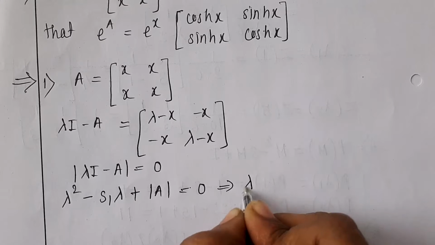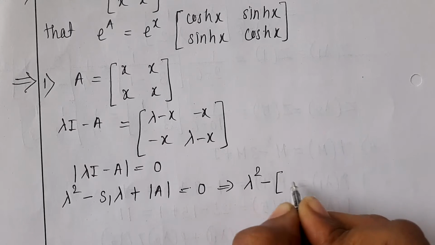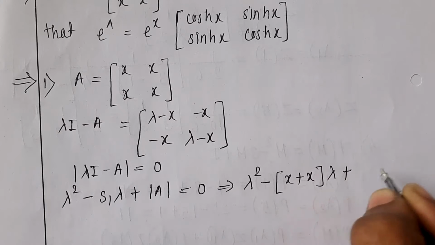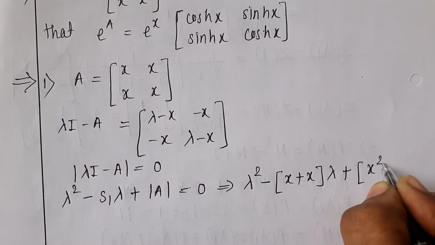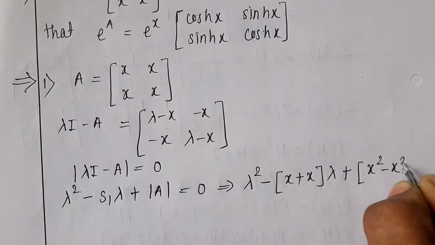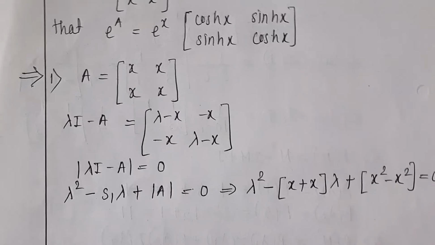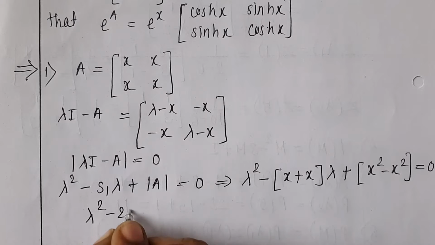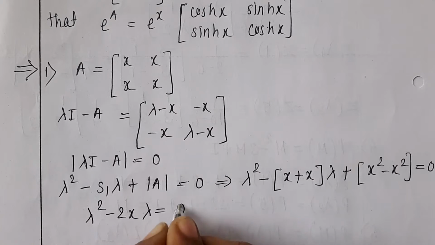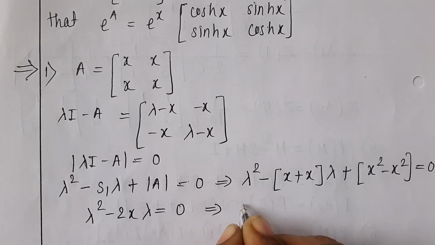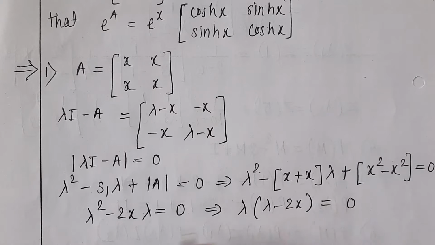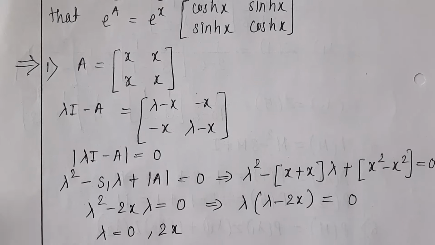S1 is the sum of diagonal elements, so x plus x into lambda, plus determinant of A, x square minus x square, is 0. So lambda square minus 2x lambda is equal to 0. It is lambda in bracket lambda minus 2x is equal to 0. So lambda is equal to 0 and lambda is equal to 2x.